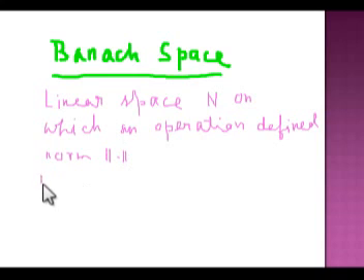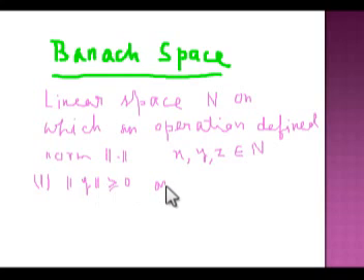For any vectors x, y, z belonging to the vector space, the norm of any vector y must be greater than or equal to 0, and the norm of z will be 0 if and only if z equals 0. Otherwise, it cannot be 0.